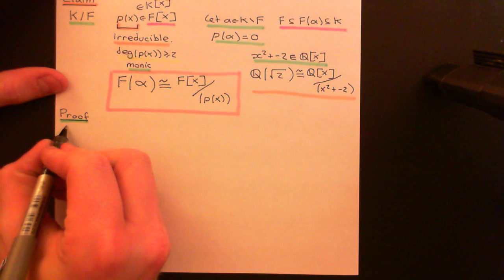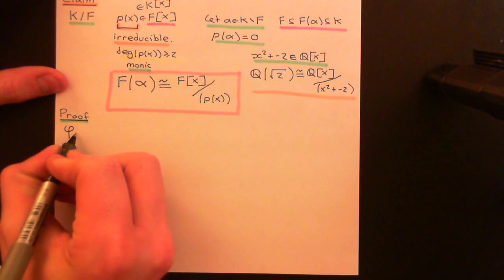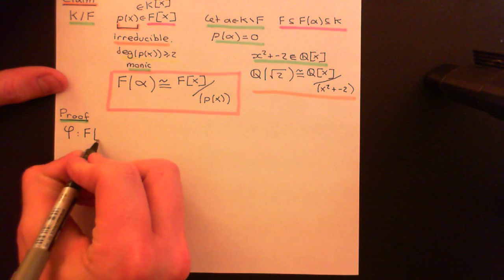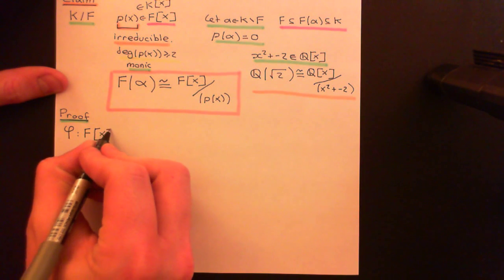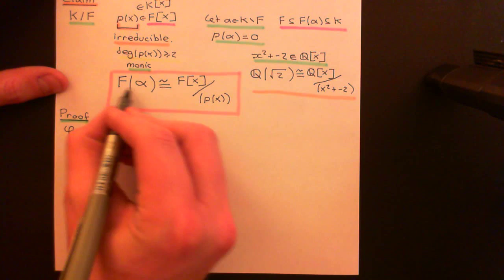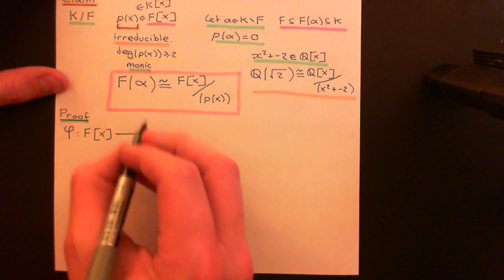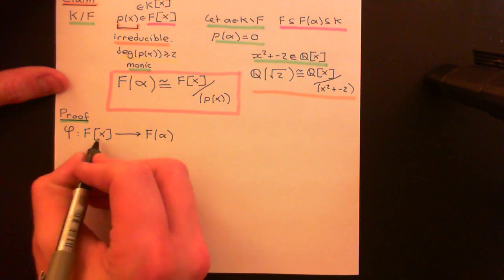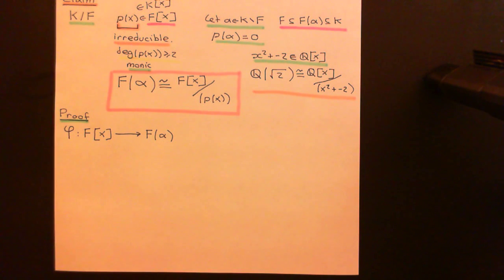The related ring homomorphism that I'm going to use, I'm going to call phi here, and it's going to be a mapping from the ring of polynomials with coefficients in the field capital F into the field generated by alpha over F.